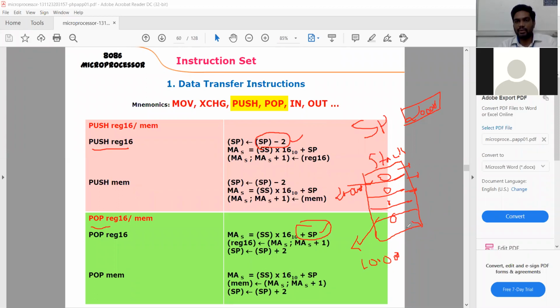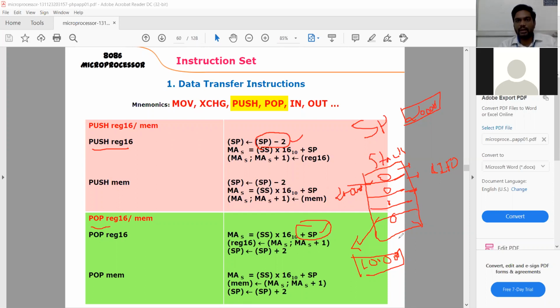Last in, first out. That means first the data in the 1000th location will be accessed, next 1001, 1002, 1003, 1004. In such a manner the data will be accessed. That is the principle of stack: last in, first out.